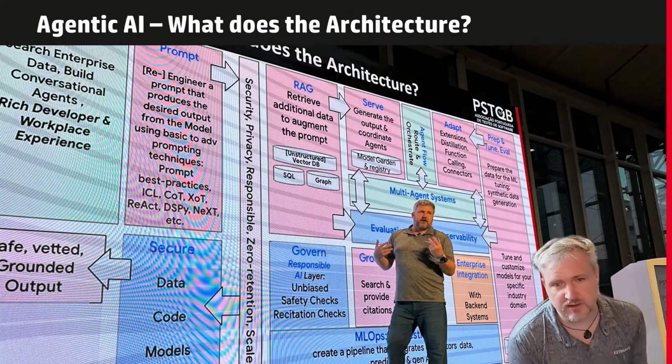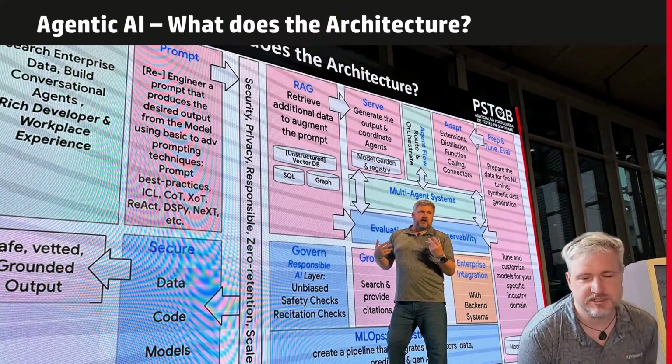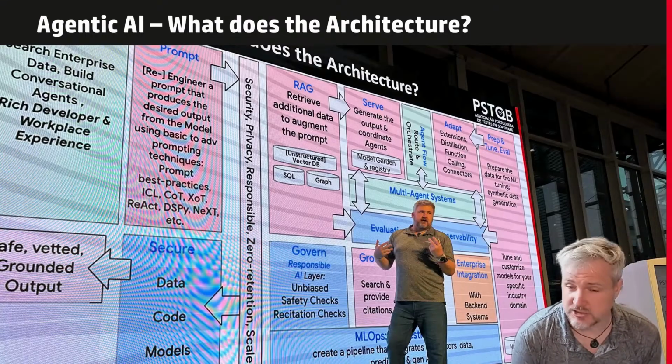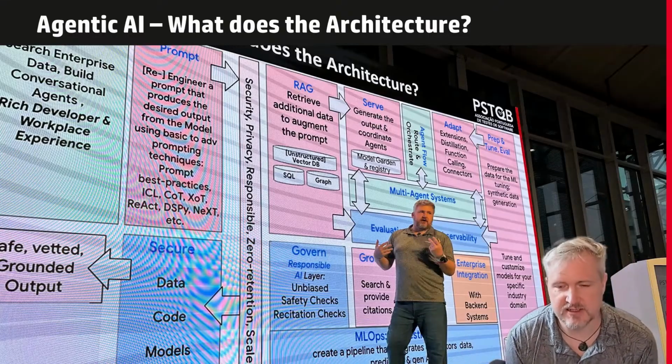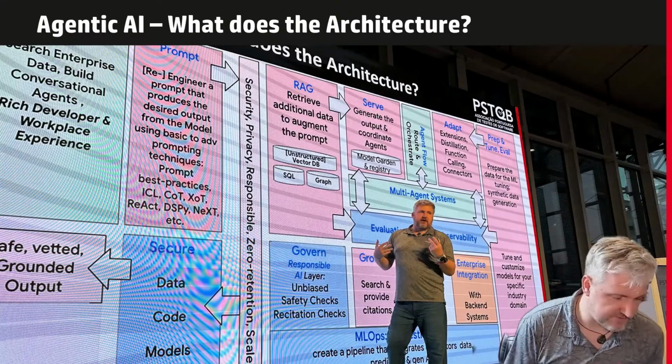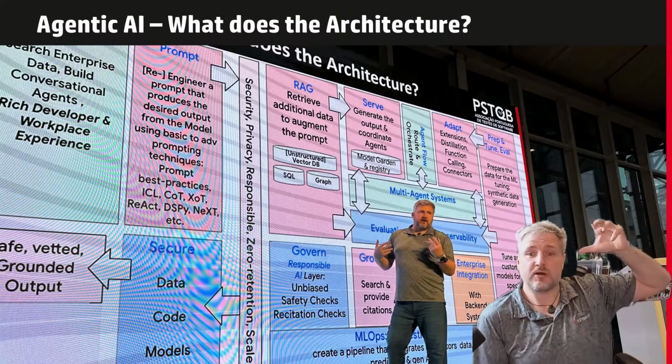We have fine-tuned models that are DSMs, which I never agreed with, but unfortunately I was wrong, which are domain-specific models, which are just fine-tuned models that are industry-specific, which you see over here, right? And the spoiler alert for MCP's failure is you really need fine-tuned models to run against the MCP components as well.